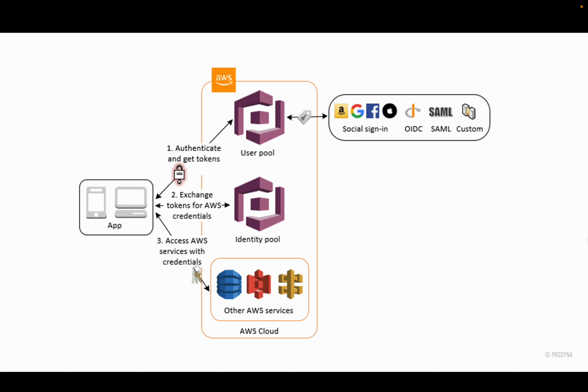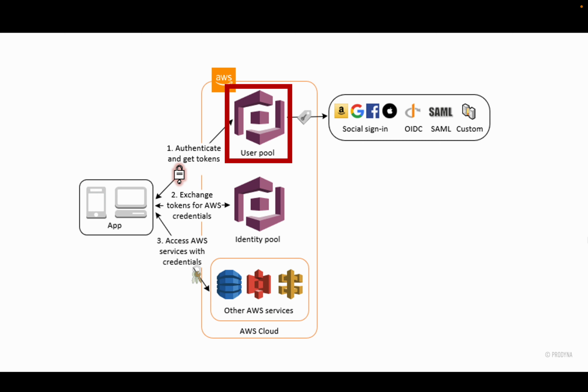One important part or nice feature from Cognito is that you not only can get a token from your authentication service, so a JWT token, but you can get some temporary AWS credentials as well. How does this work?